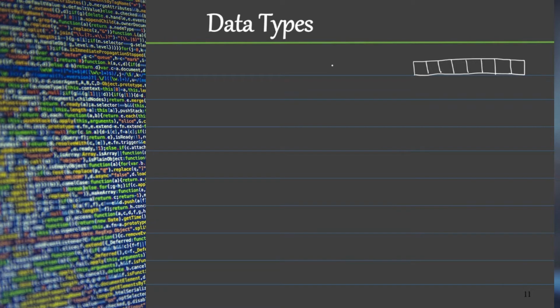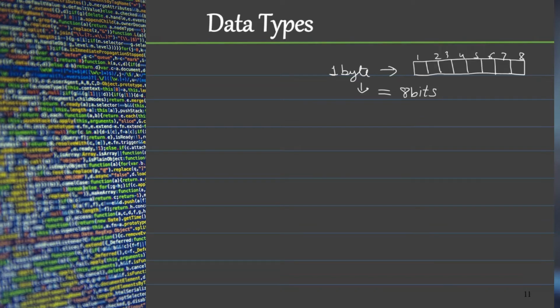So if you are talking about one byte, how many bits are there? 8 bits are there. This is the size of what? One byte. That's why it is known as byte data type. These are 8 bits. So how many possible distinct values can we store in that?